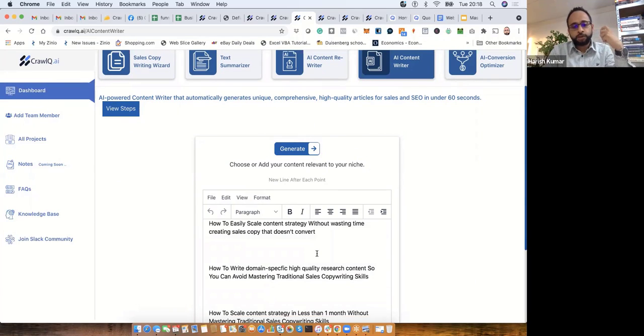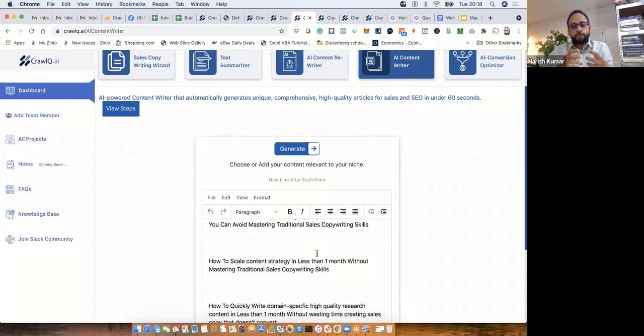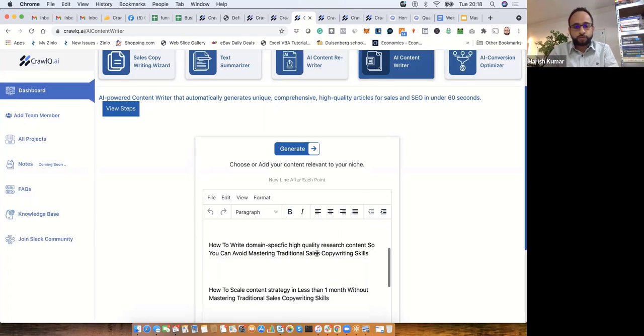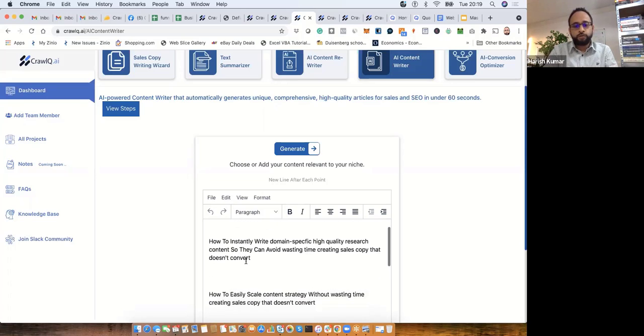These are really steering information to tell the AI what we want to achieve, and it is a structure that is built into this headline formula. So be it a blog or something else, I use an initial example. It says: how to scale content strategy without mastering traditional sales copywriting skills. Makes sense, right? So we are going to feed this into the process and generate additional information. Let's see how it goes.